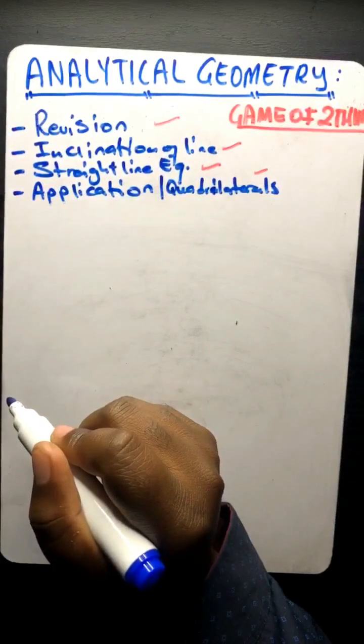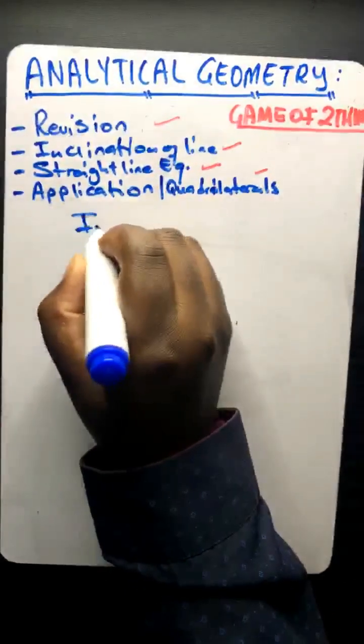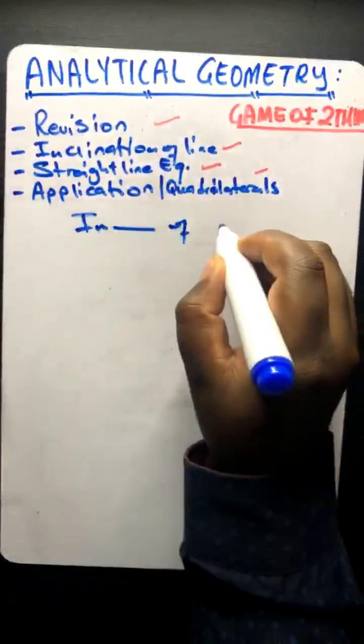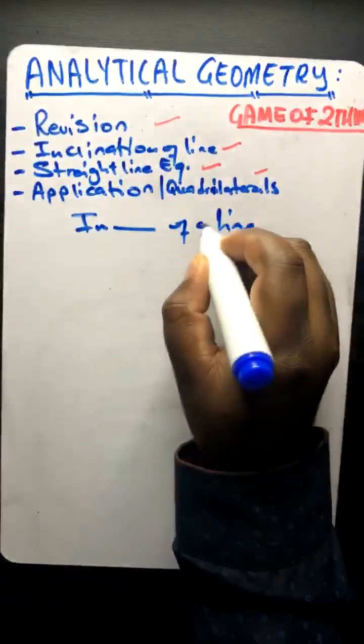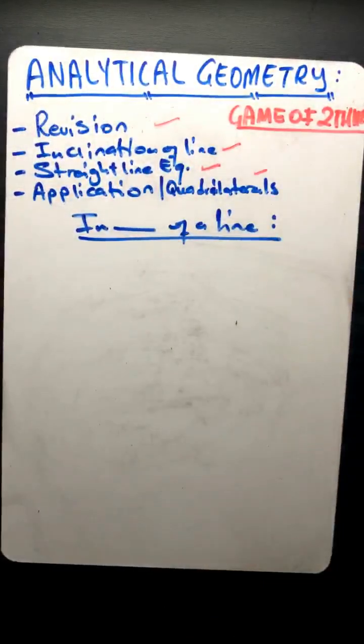So now let's quickly go into this part, inclination of a line. What exactly are we talking about? Inclination of a line. I'm about to speak English. Listen very carefully.